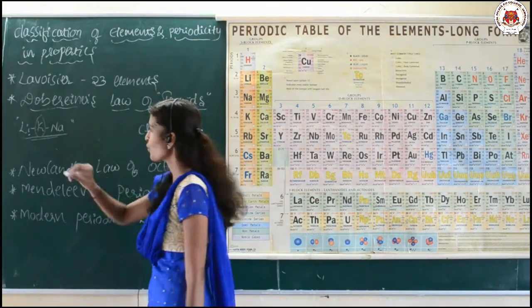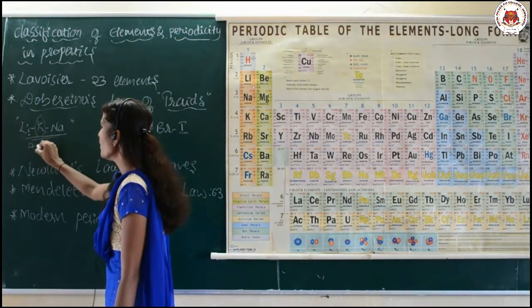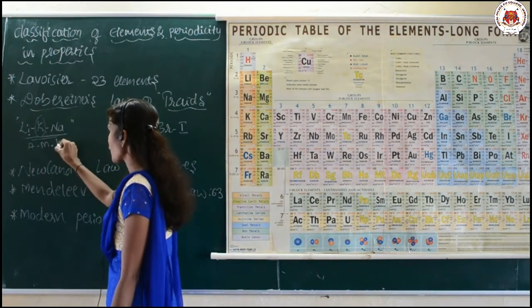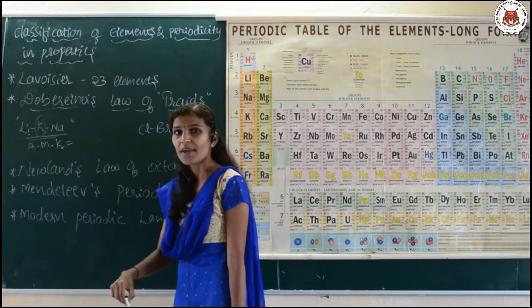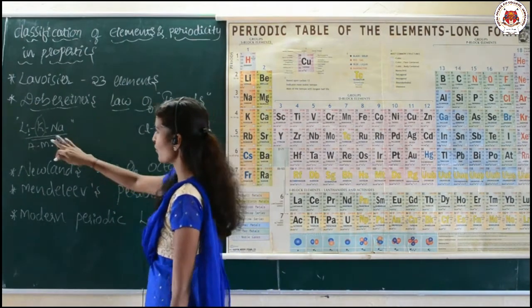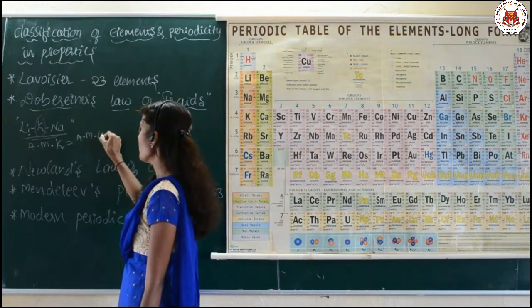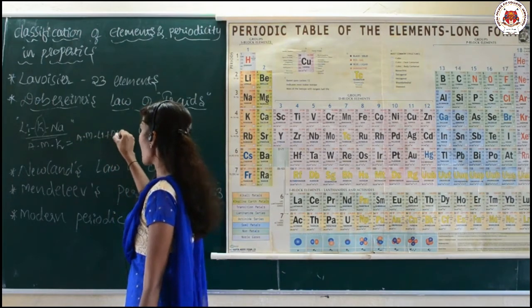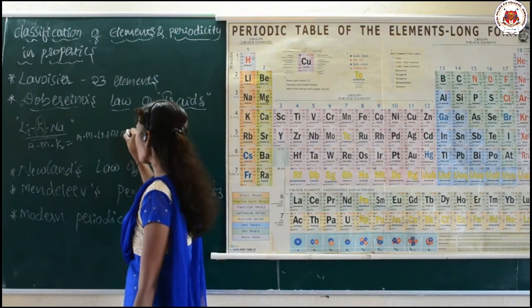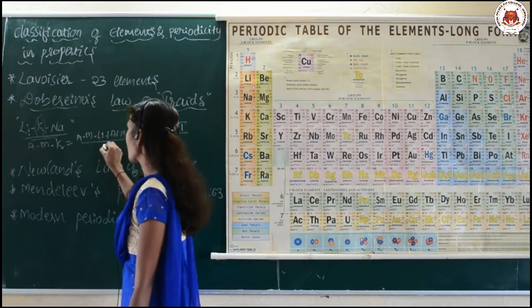So the atomic mass of the middle element, that is the atomic mass of potassium, is equal to the arithmetic mean of the atomic masses of these 2 elements, that is atomic mass of lithium plus atomic mass of sodium divided by 2.